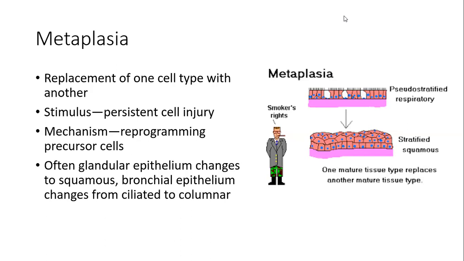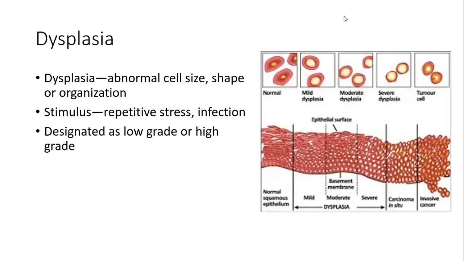So those are two examples. And that's a picture of that. And there's the smoking man. So dysplasia is abnormal cell size, shape, or organization. The stimulus is, again, repetitive stress or infection. And it's designated as low or high grade, depending on the extent.